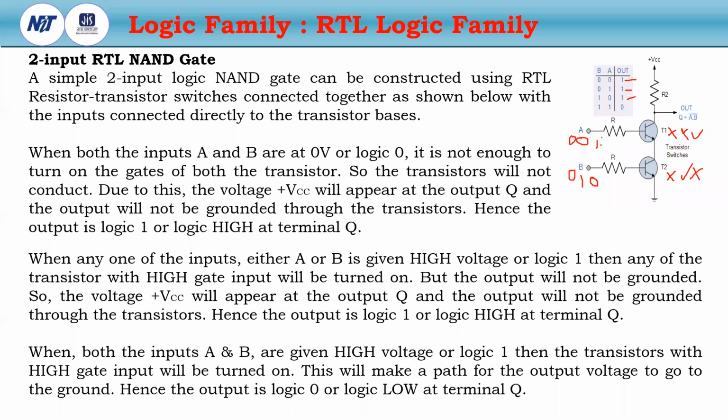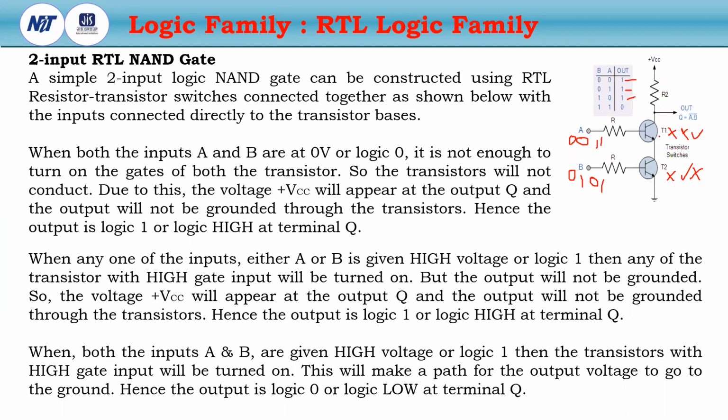Or if both are logic 1, then what happens? Both are in saturation mode and also connected in series. So the maximum current will be produced through R2, and the maximum voltage drop will be produced at the collector. Okay.